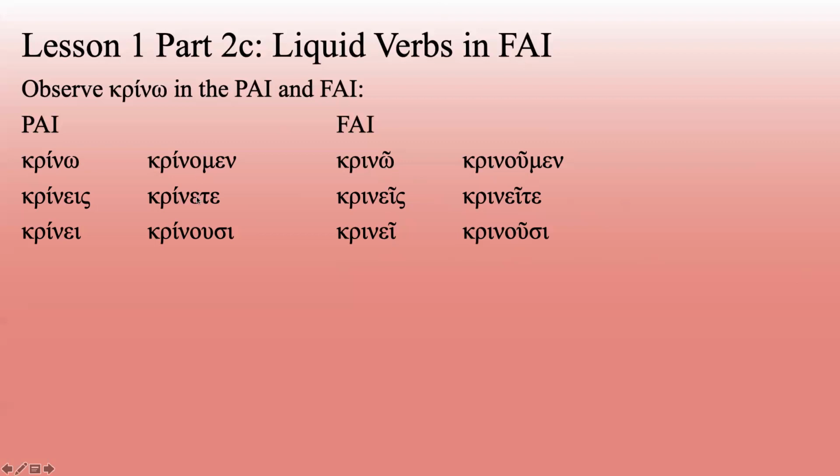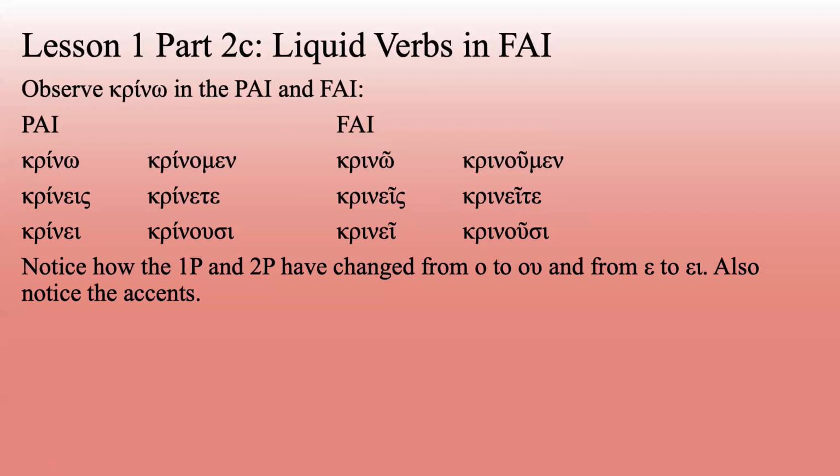They are just by nature of what they are short. Now, technically to lengthen, they should become omega and eta, but they don't here. Instead, they become a diphthong. They are actually following rules of contraction, which again, you won't learn until I think it's lesson 9. But suffice it to say, they both become a diphthong, which is long, so they both end up as long vowels, and there they are, krinoumen and krineite.